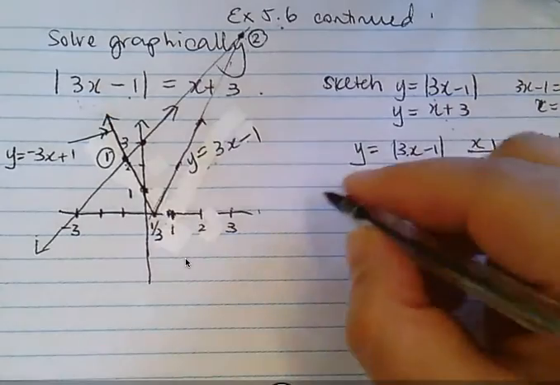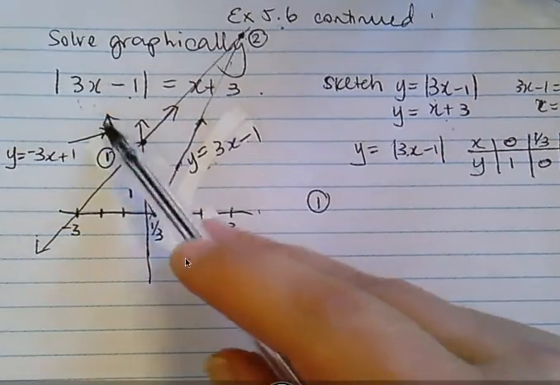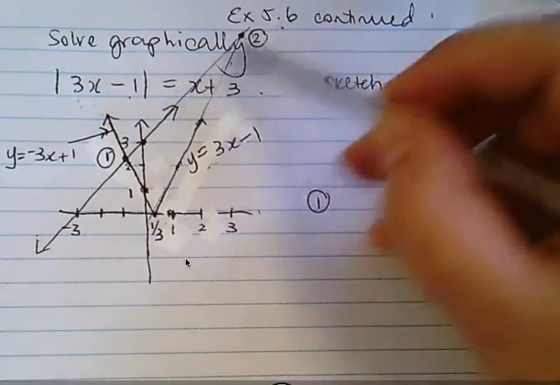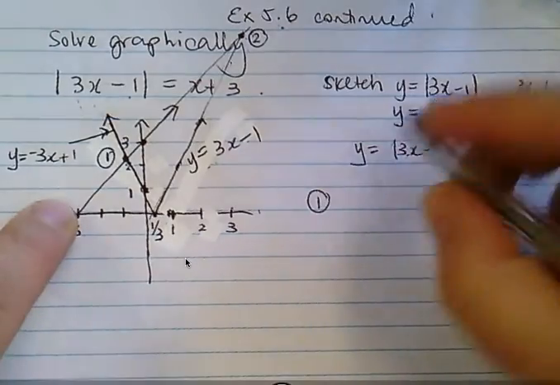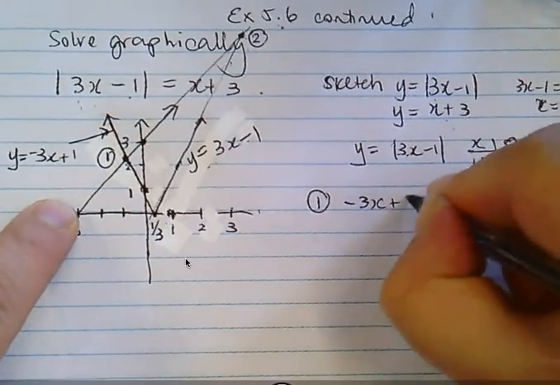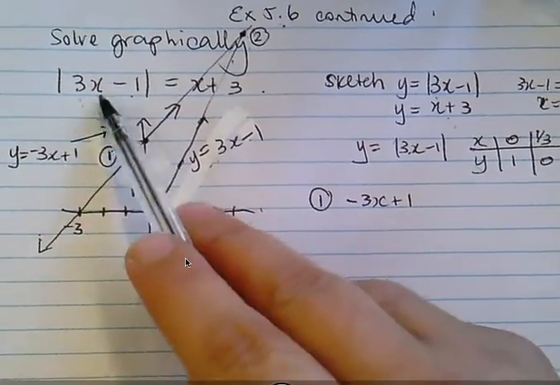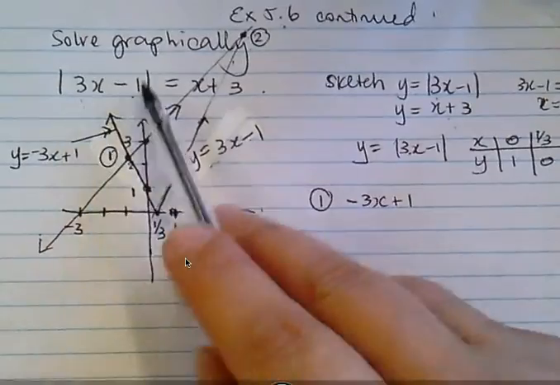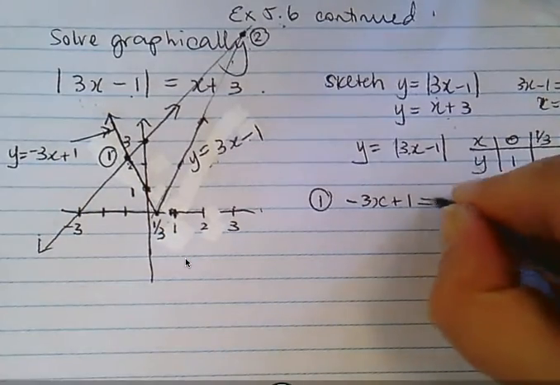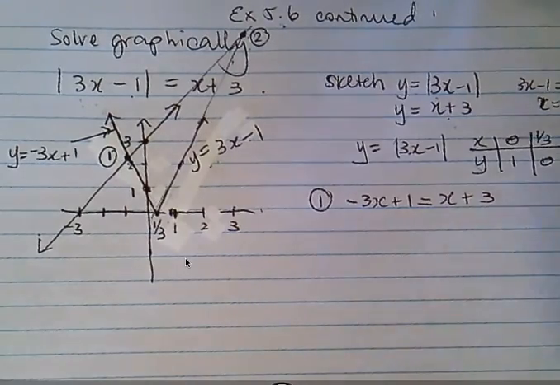All right. So to find point of intersection 1, which graphs do I solve simultaneously? This one? Are we okay with this? So I put -3x plus 1, or it's the negative of that. Remember, this is the negative of 3x minus 1, which is -3x plus 1, equals x plus 3. So it gives me the point of intersection of those two lines.